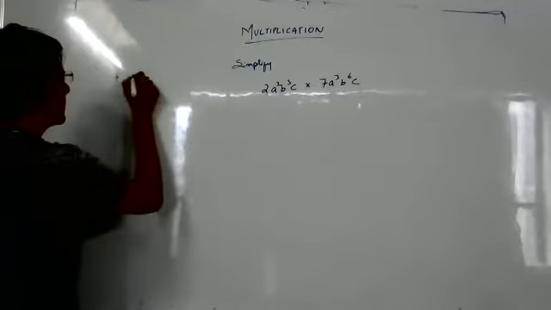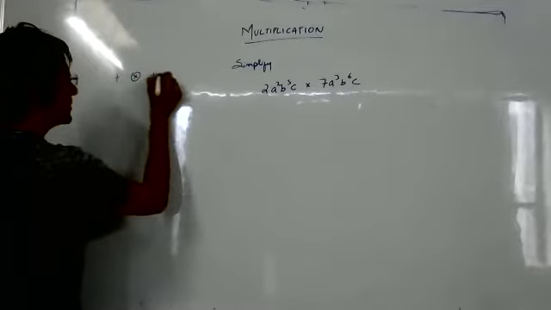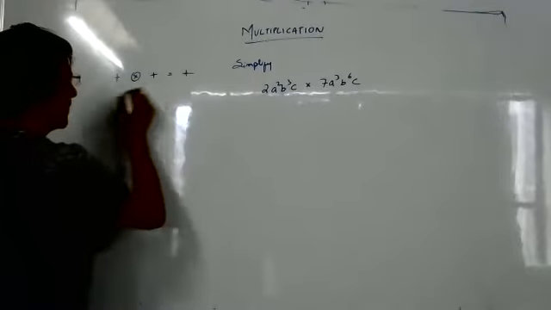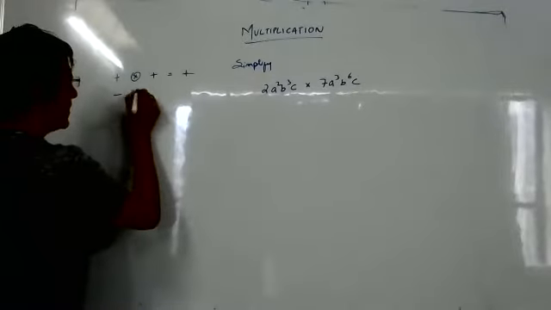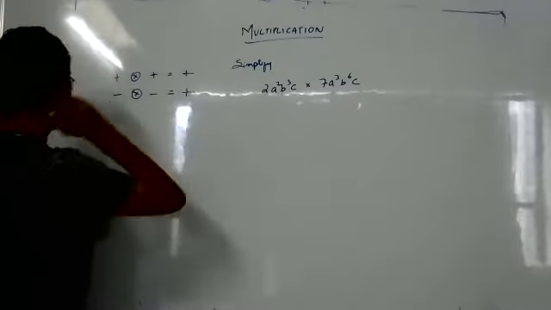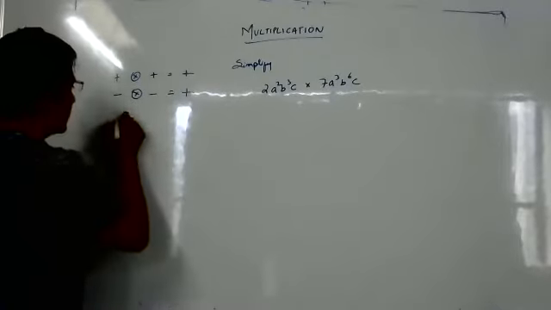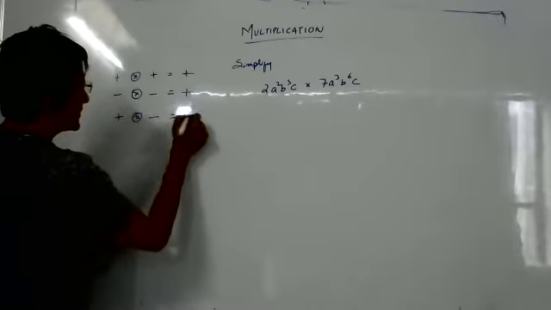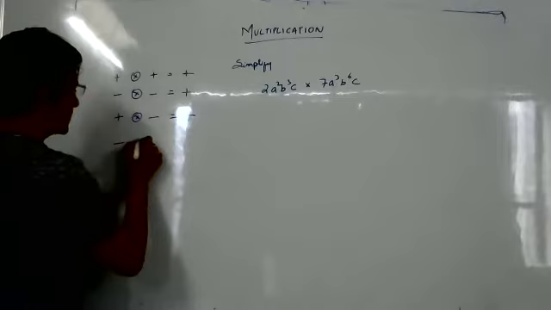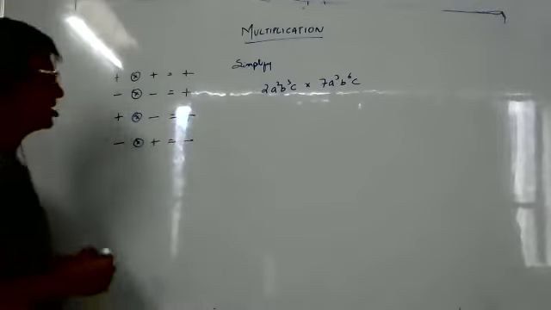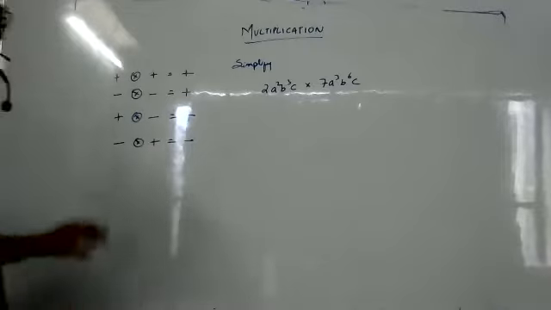Multiplication of sign: plus multiply by plus is plus, minus multiply by minus is plus, plus multiply by minus is minus, minus multiply by plus is minus. Is this clear? Yes, sir.